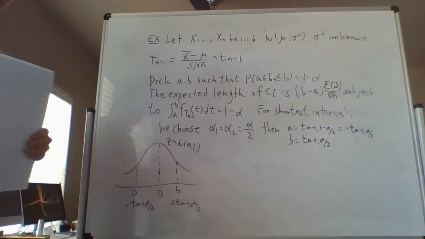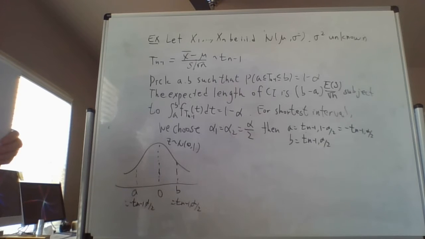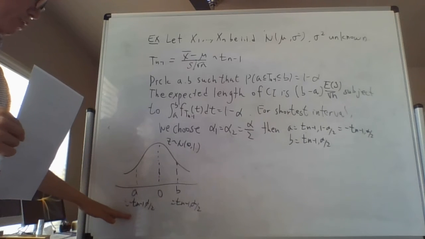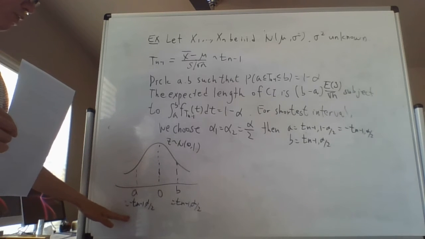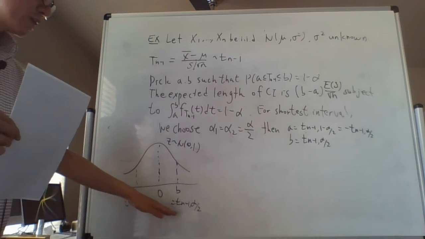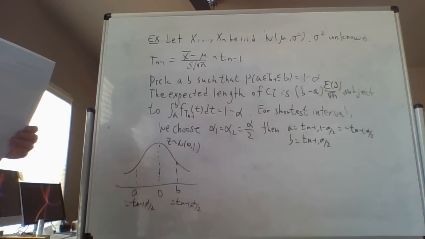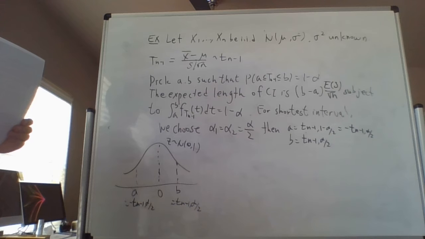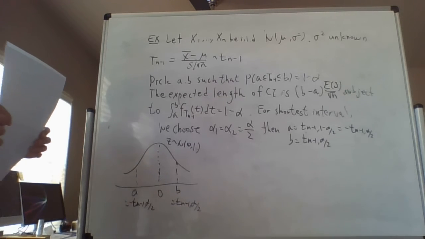So we have the T critical value, the percentile value, where A is equal to minus t n minus 1 alpha divided by 2, and B is the t with n minus 1 degrees of freedom and alpha divided by 2. In that case, we achieve the shortest length, which is the optimized interval.